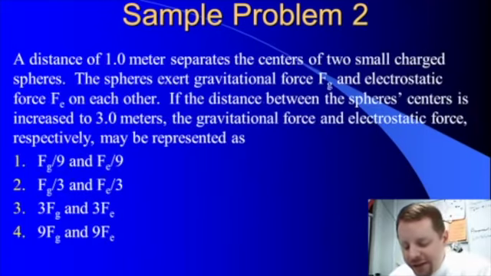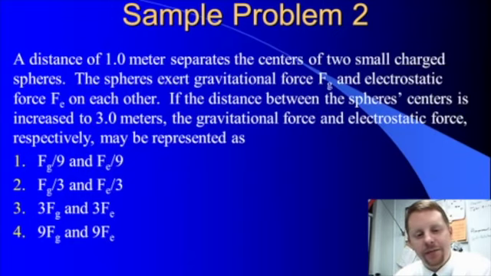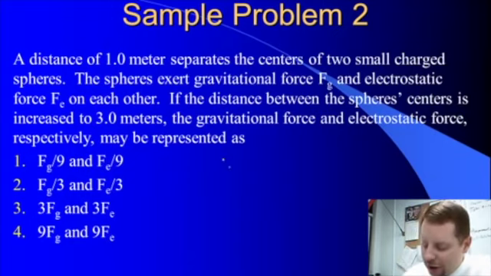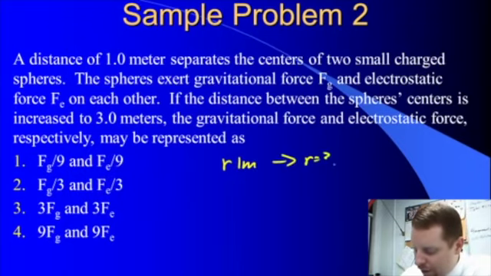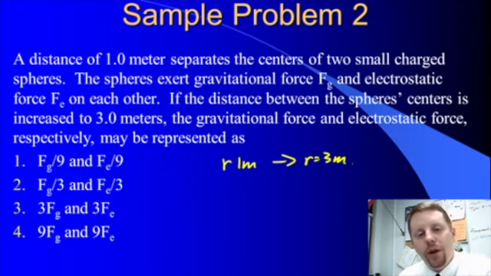Question 2 says a distance of 1 meter separates the centers of 2 small charged spheres. The spheres exert gravitational force Fg and electrostatic force Fe on each other. If the distance between the spheres' centers is increased to 3 meters, so it's tripled, the gravitational force and the electrostatic force may be represented as, well, r goes from 1 meter to r equal to 3 meters, so we have tripled r.